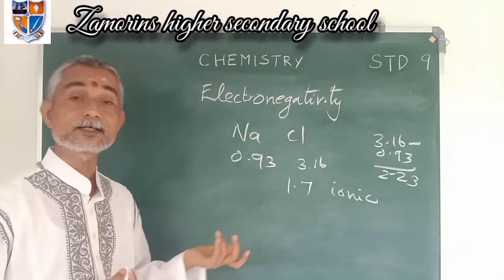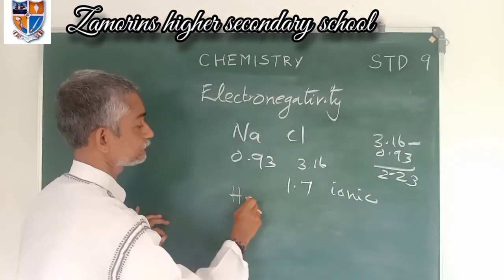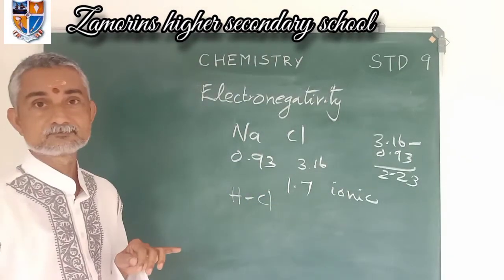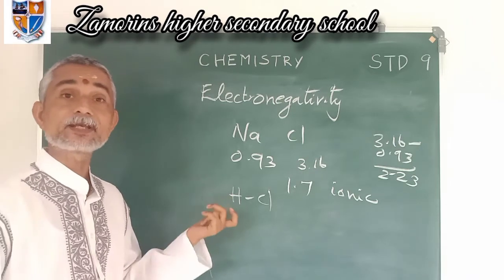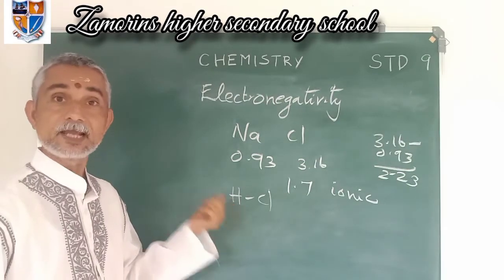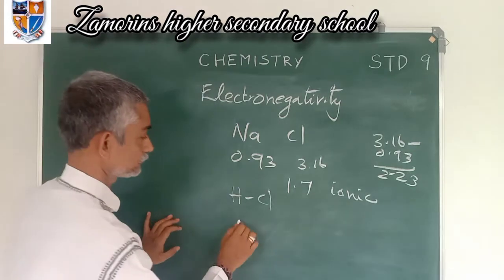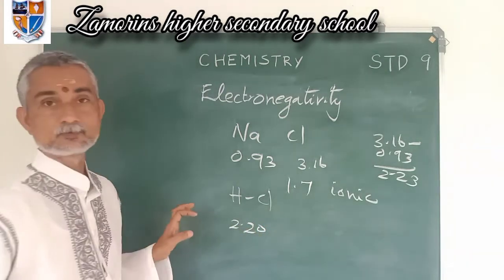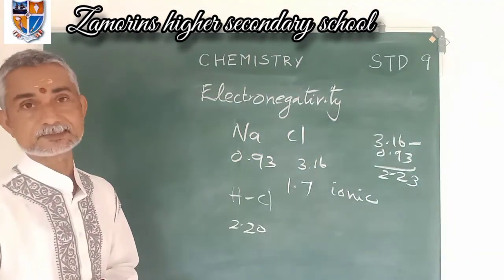Let us take another case, HCl. What is the electronegativity of hydrogen? It is 2.20. For chlorine, 3.16.